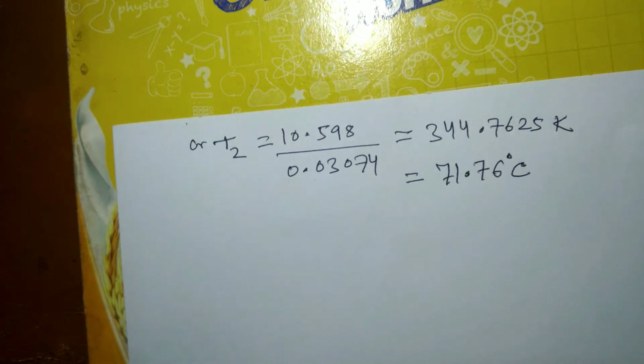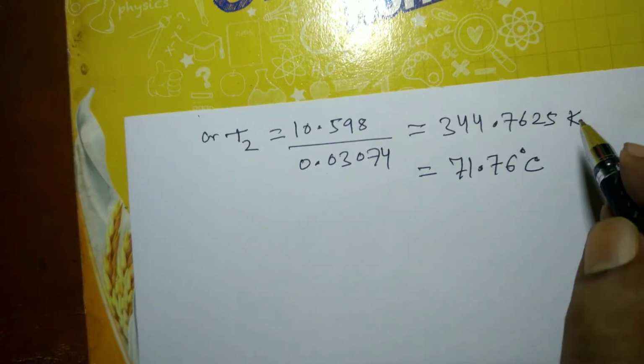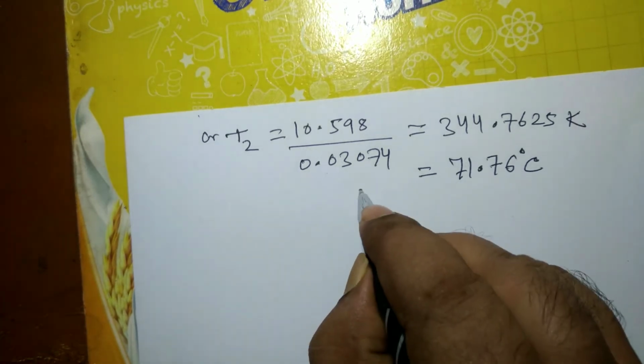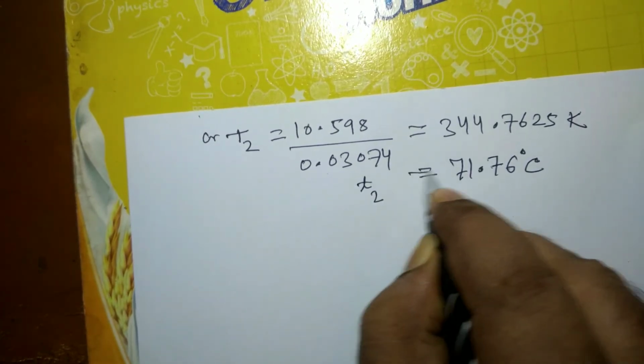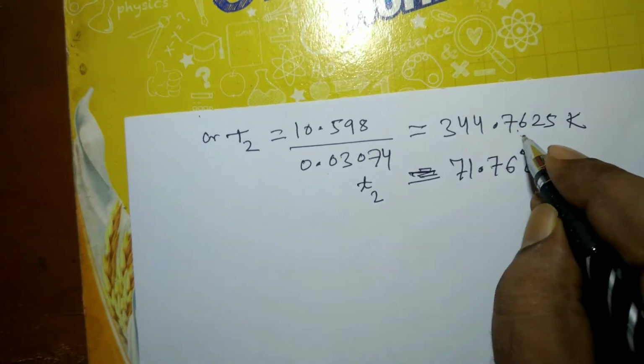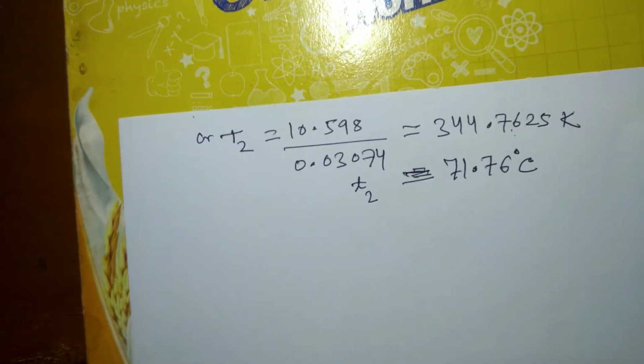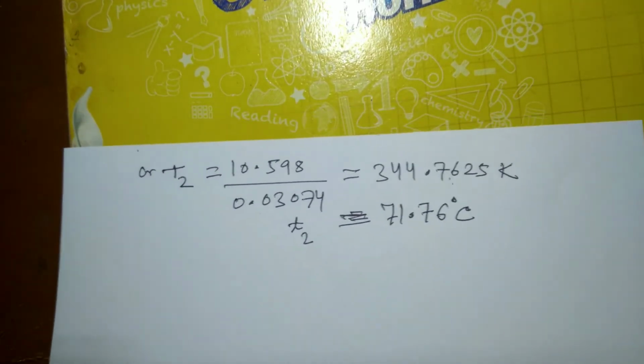When the bottle was initially evacuated, the temperature rise was up to 144.2 degrees Celsius, and when there is some mass in the beginning of the process inside the bottle, the temperature increases up to 71.76 degrees Celsius. That is in Kelvin; for degrees Celsius, just subtract 273 from T2. This is problem 5.19, part a and part b.